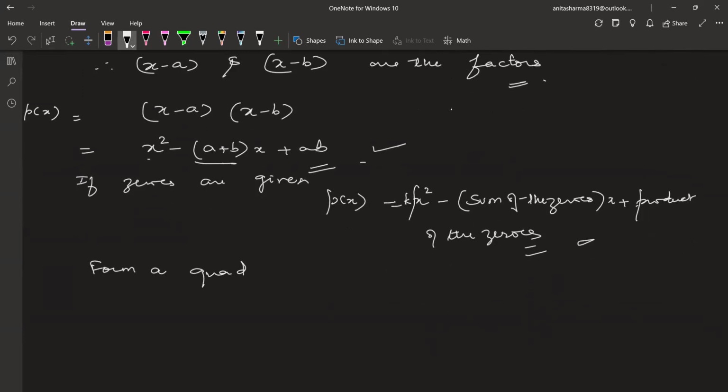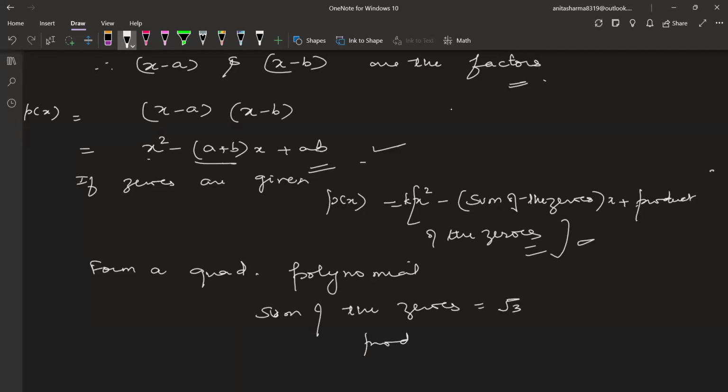Form a quadratic polynomial if sum of the zeros is root 3 and product is 5. Moksha?